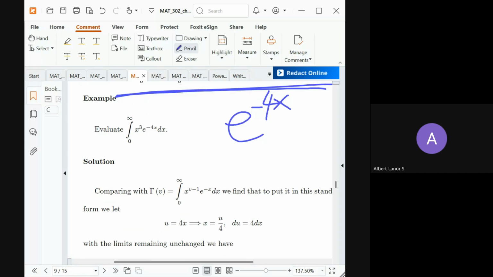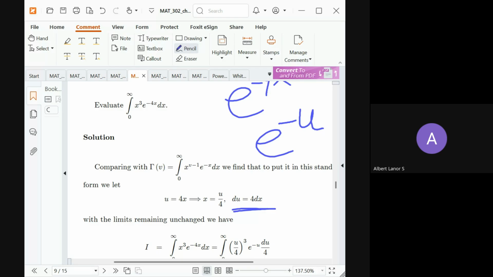Now to make this to the power of minus a value, let's set this to minus u. Then it means that u is 4x, and differentiating it, du will be equal to 4dx. Then you would substitute them into it.